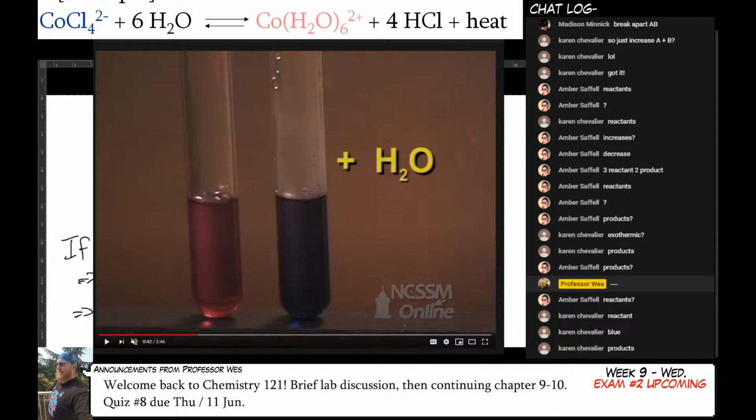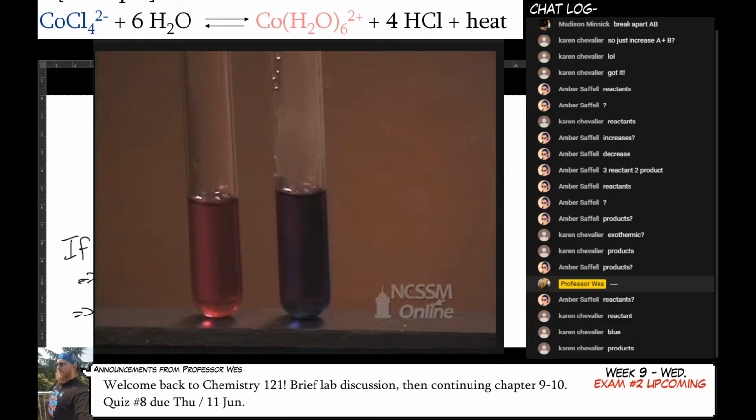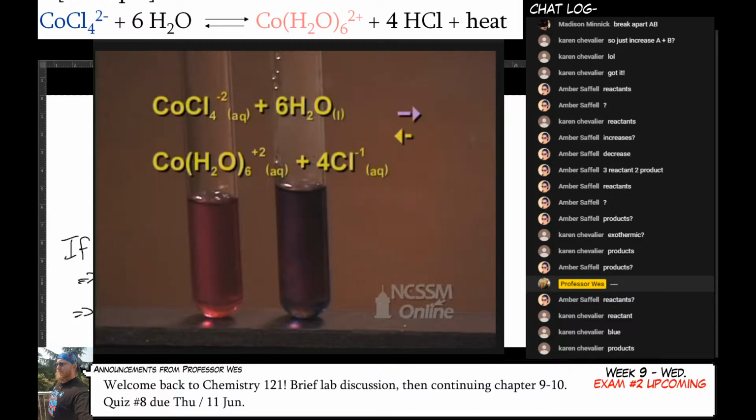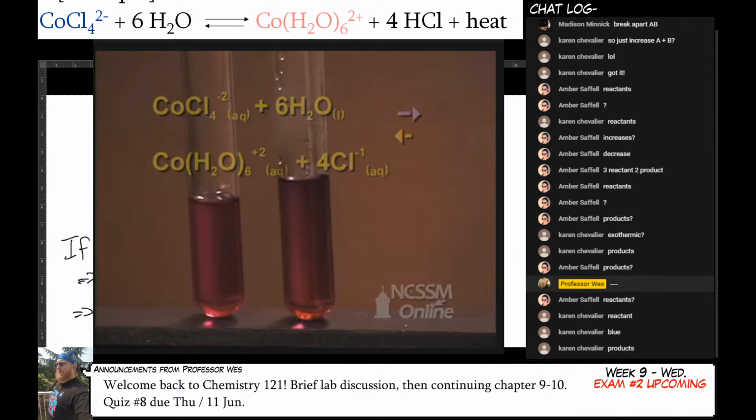Good, it would shift towards products, because too much water, gotta get rid of it, gotta use it up. Turn it into products. Let's see if you're right. The water reaction takes a second for some reason. And now when we mix it, it is once again pink.